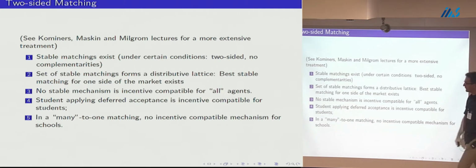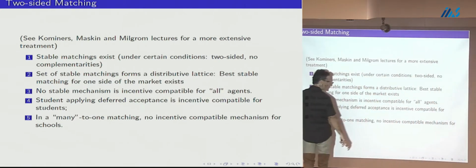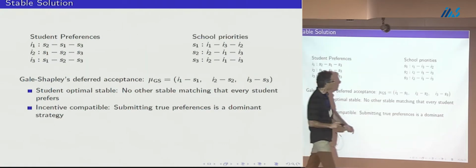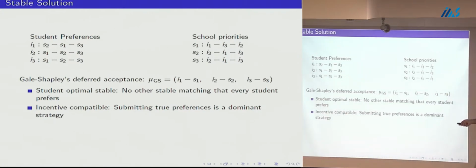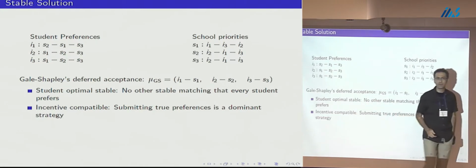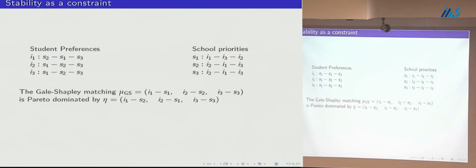And actually, in general, in a many-to-one matching, we do not have incentive compatible mechanisms for schools who match with many students. So that only gives us a nice solution. Applying Gale-Shapley's deferred acceptance algorithm, we get the best stable matching for students. Also, it is incentive compatible for students.